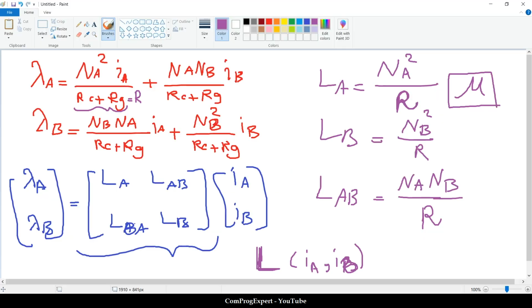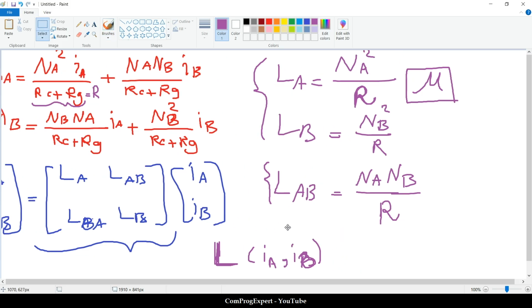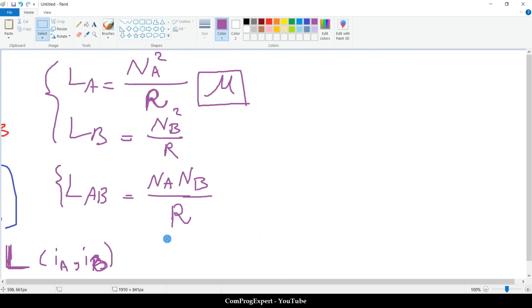Then we can calculate the reluctances, and then we can calculate LA, LB, and even the mutual inductance according to the definitions that we considered. So yes, this is an important point: the inductance matrix is also a function of IA and IB.